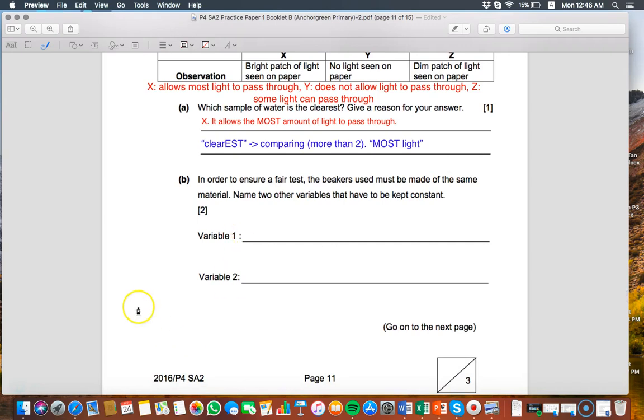Okay, so I'm going to write down all the answers here. Hopefully, I'll manage to write down everything.